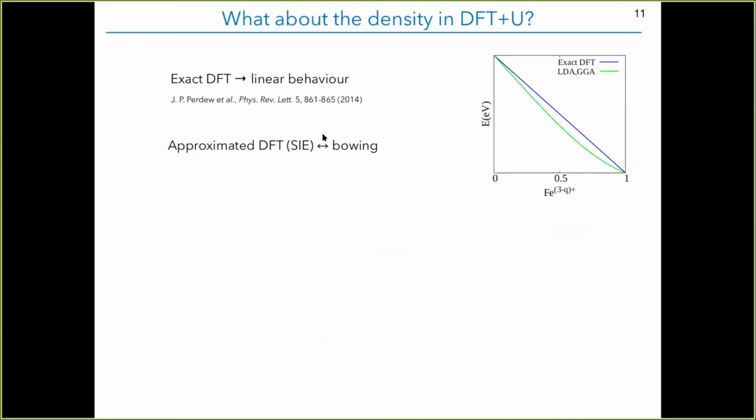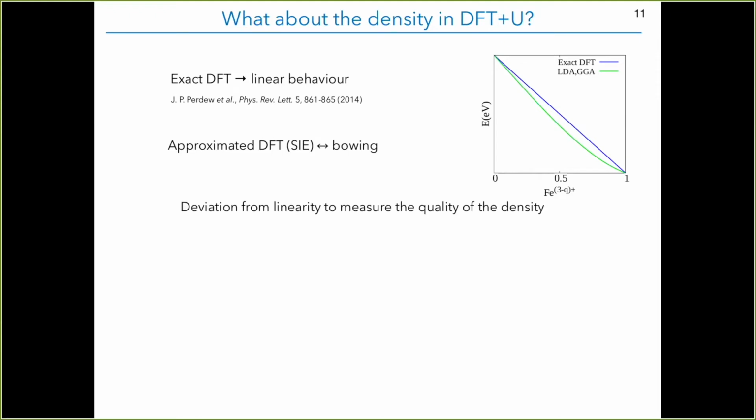But what about the density in the DFT plus U theory? Well, it's a well-known fact that in exact DFT, the profile of the total energy with respect to a fractional number of electrons is represented with a spurious curvature of the energy.